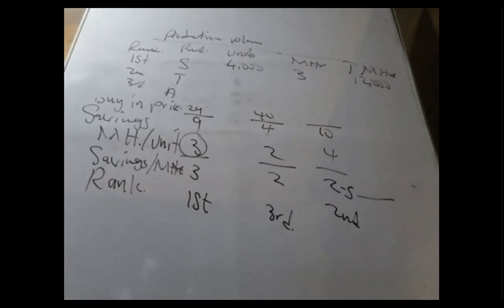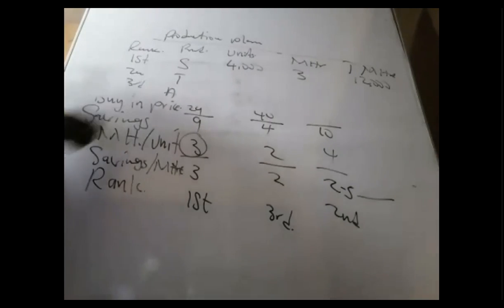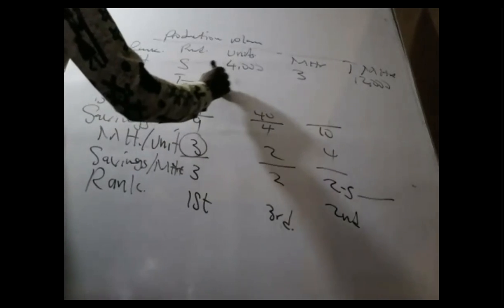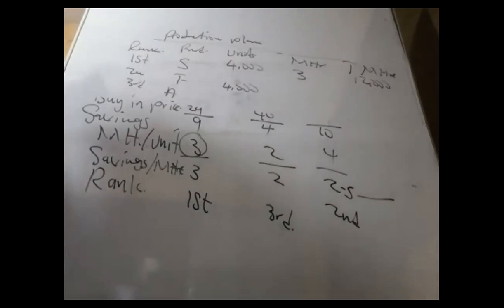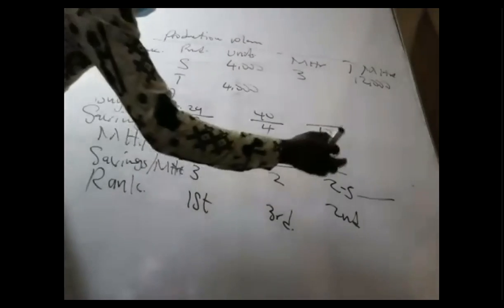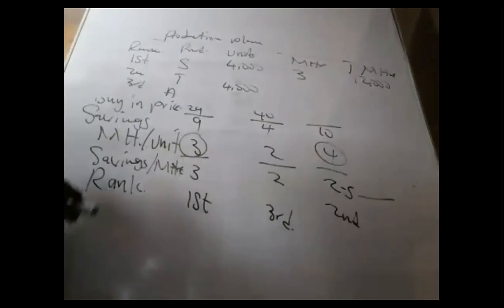So let me know how many hours they have so far: about 24,000 hours, and now we use 12,000. Let's see the next one, T. The demand is 4,000. The limiting factor for T is 4, right?